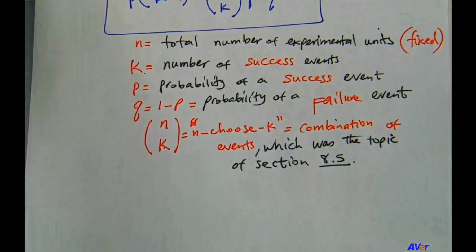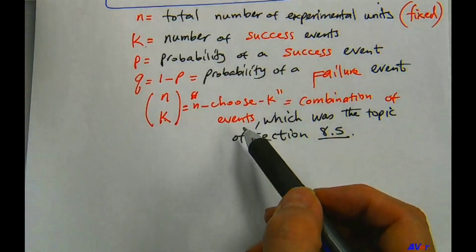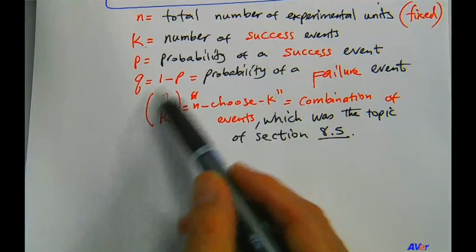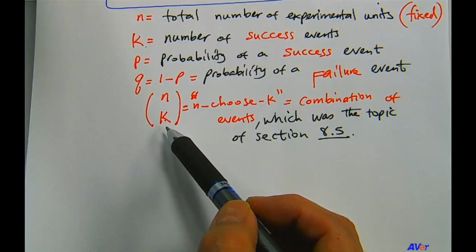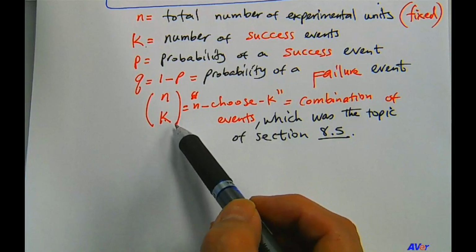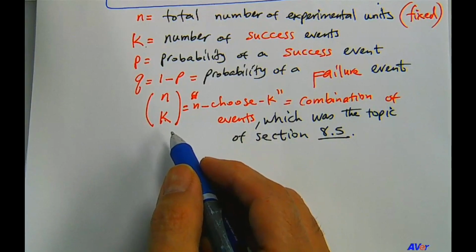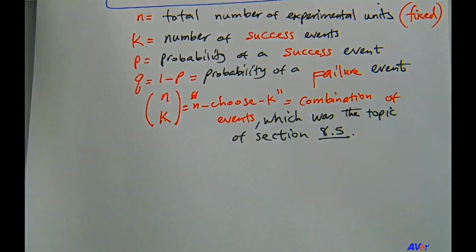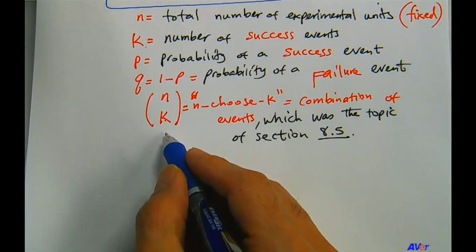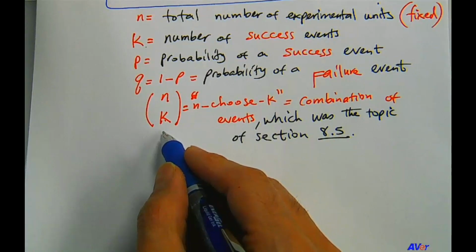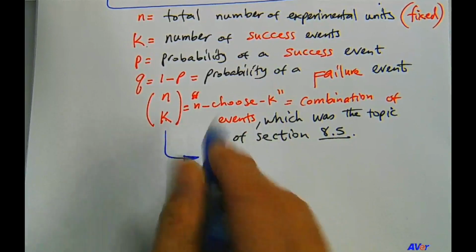Okay. So you know how to calculate this, right? We've talked about how to calculate the combination of events in section 8.5. There is a formula associated with it, but we've talked about how to use that button on your calculators to calculate this. So either way will work. And if you have questions about this, please come to me or post your questions on the discussion board so I can answer them.